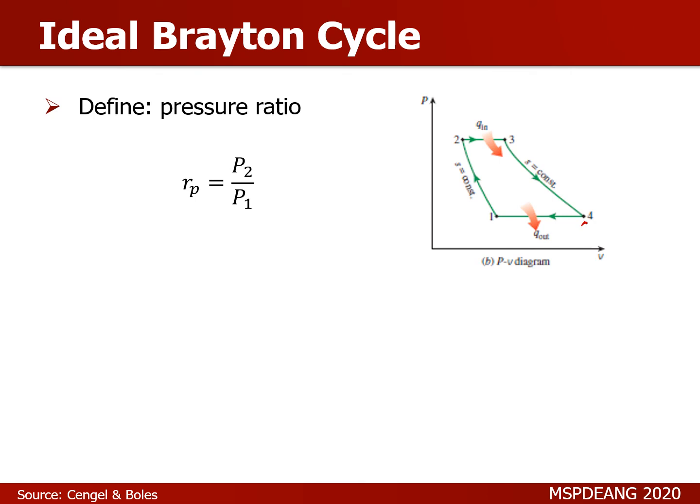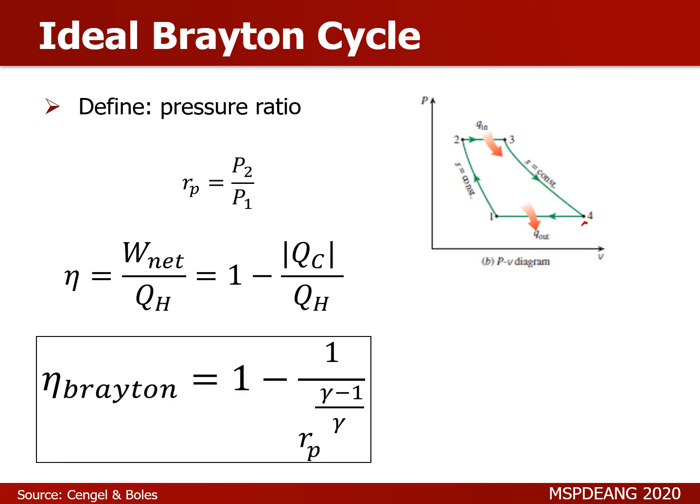Okay, so using energy balance calculations again, which ginawa natin previously nung week 2, and similarly to the derivation of your Otto efficiency and your diesel efficiency, you can now obtain the thermal efficiency of your Brayton cycle as follows, which is a function of the pressure ratio and of course your ideal gas heat capacity ratio.